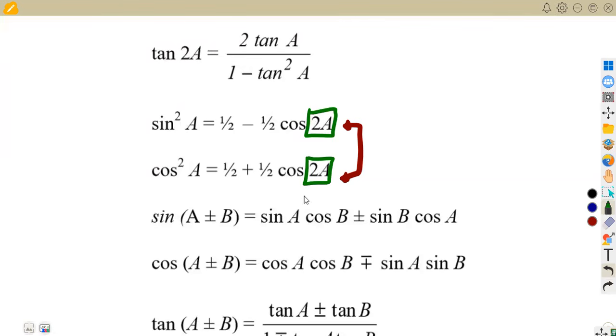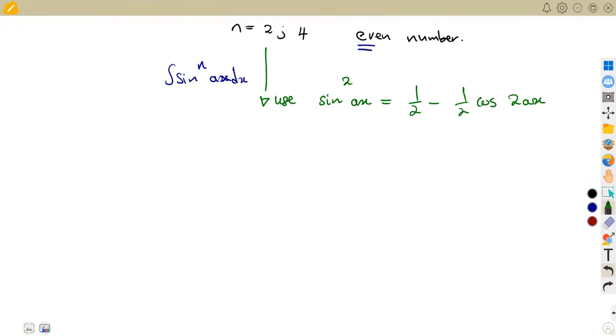So the way it is given on your formula sheet, you have to be careful. It's cos squared A, whatever you have, but on the other side is 2A, you multiply by 2. This is the same way that I wrote here. If you check it properly, I'm writing it as sine squared AX. We are used to this. This is AX, the way that we have it here.